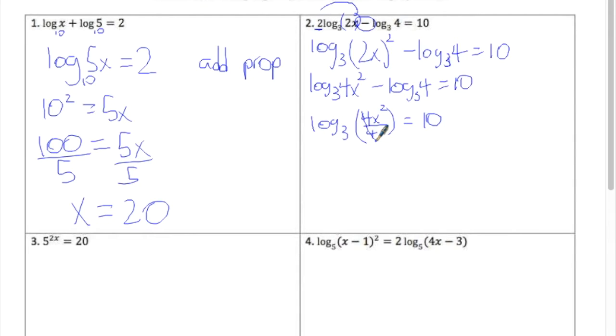Now, converting this to exponential form, we get 3 to the power of 10 equals x squared. 3 to the 10 is a very large number that I don't want to write down. But if I take the square root of both sides to solve, then I would get x equals 3 to the 5th, or x equals negative 3 to the 5th.